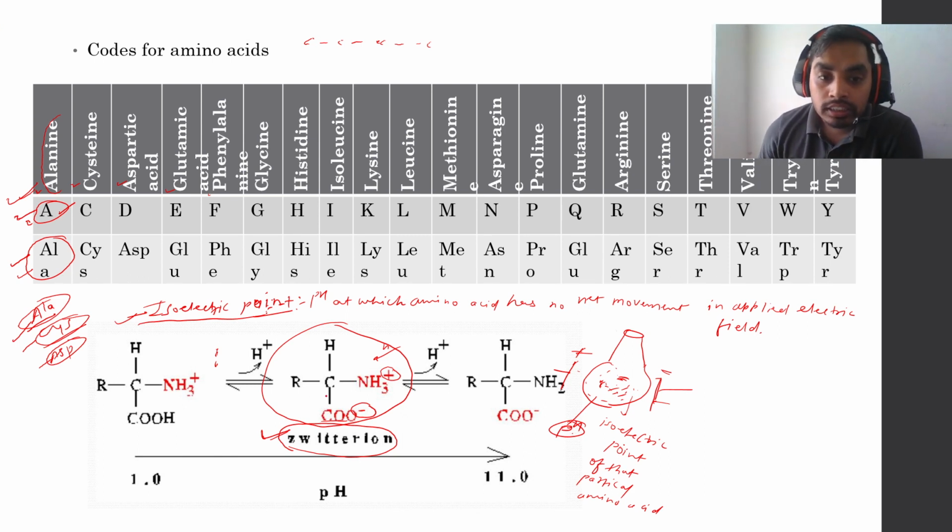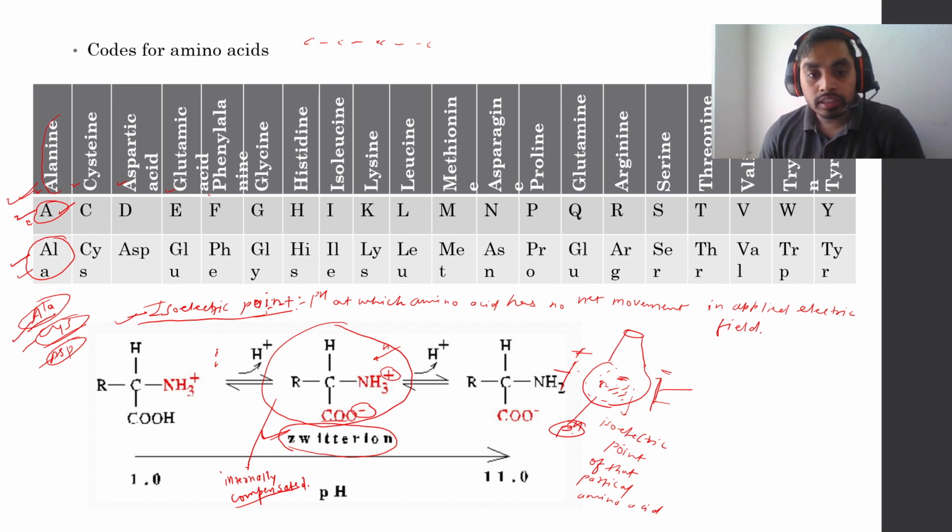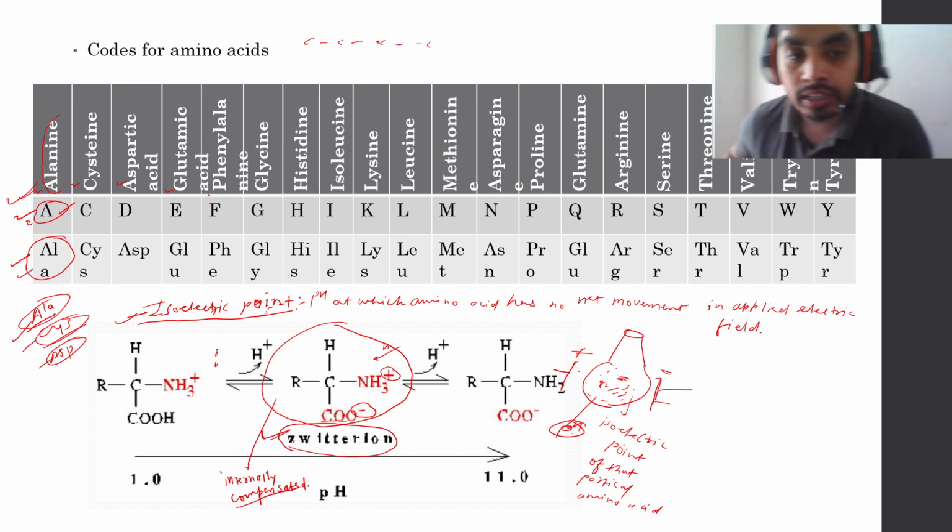Because the charge is internally compensated. This is a very important point. Why is there no net movement? Because the charge is internally compensated, so there is no net movement towards any electrode.